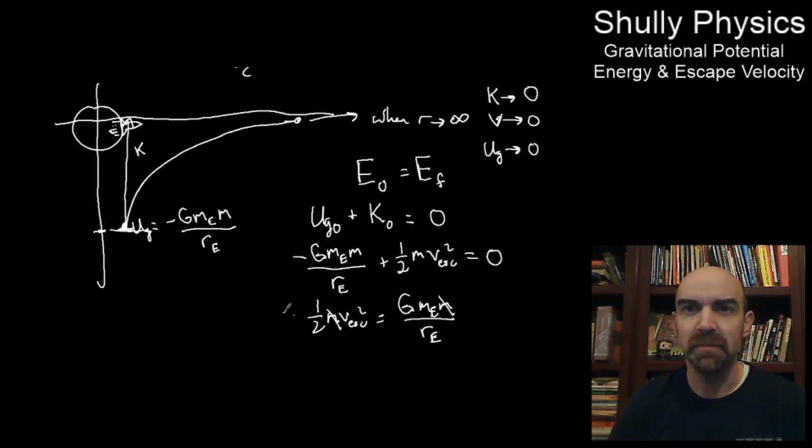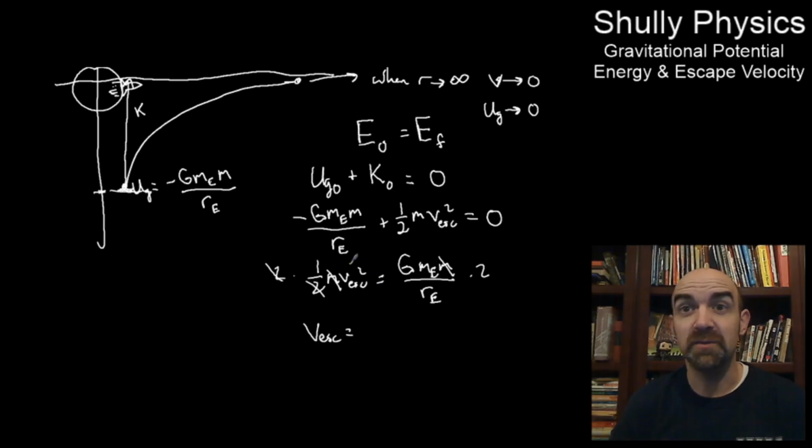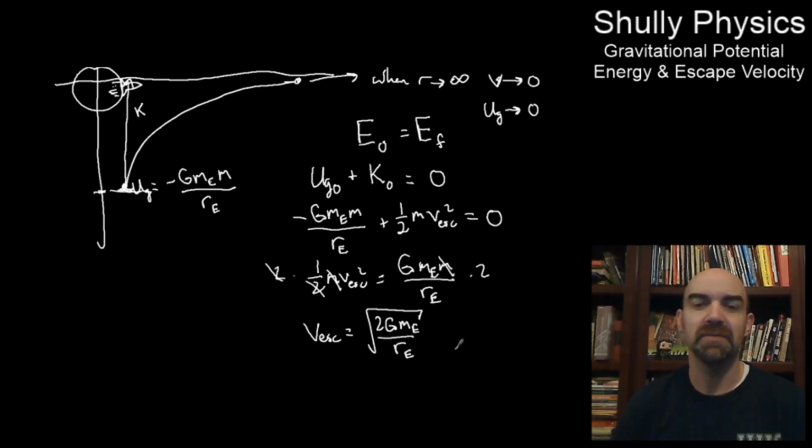Bring the 2 up, multiply both sides by 2. That means the escape velocity would be, these 2's cancel, we take the square root of both sides, the square root of 2 times G times mass of the planet divided by the radius of the planet. That's it.